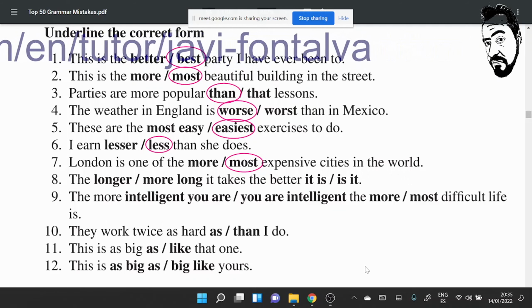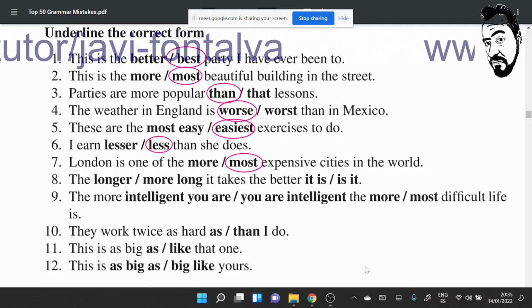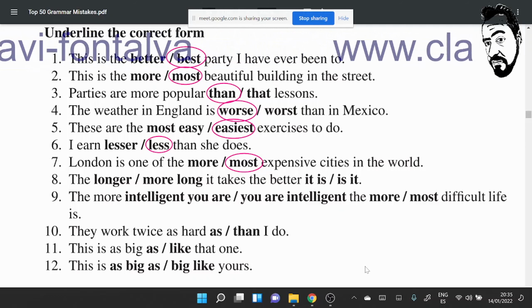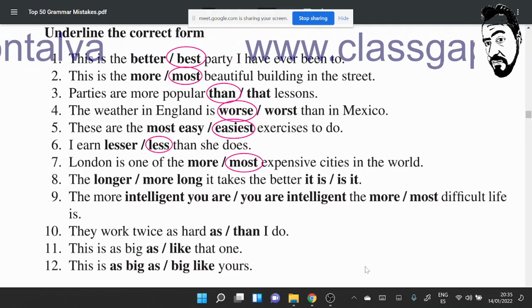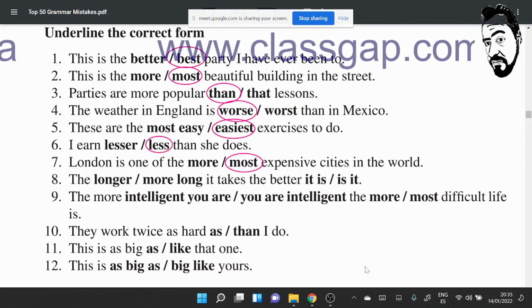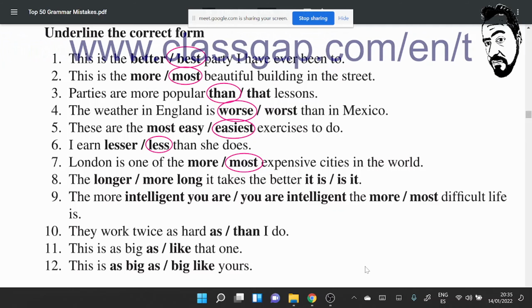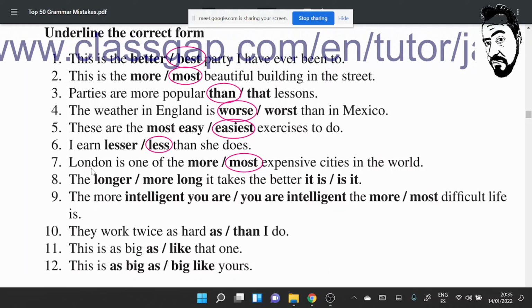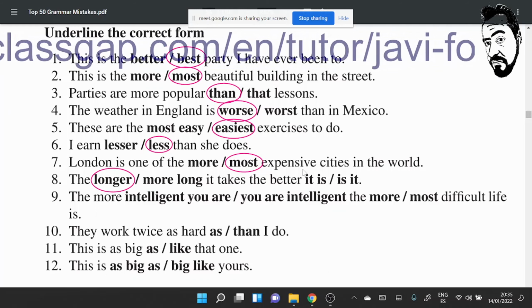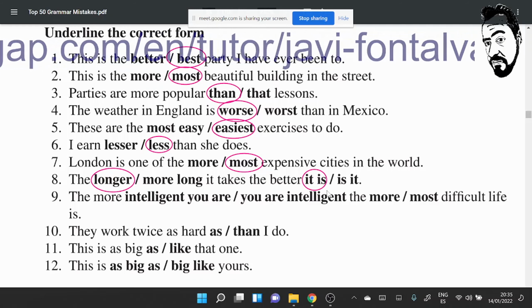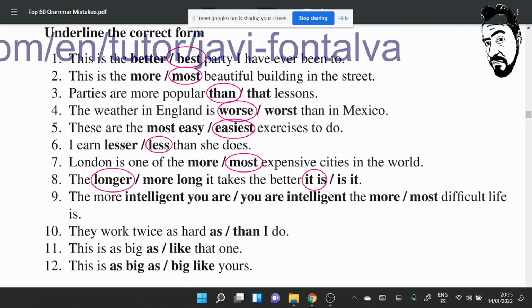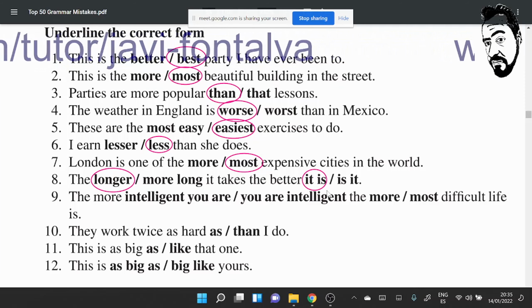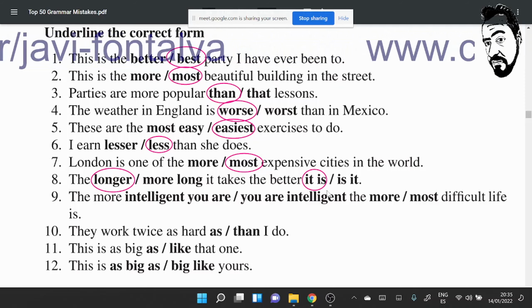I told you before. Number 8. The longer it takes, the better it is. Perfect. So cuanto más tarde, mejor es, no? So the longer it takes, the better it is.